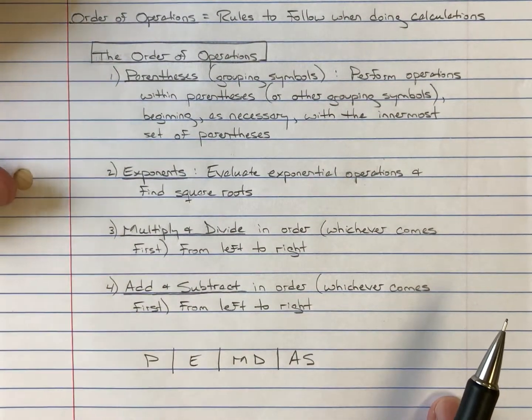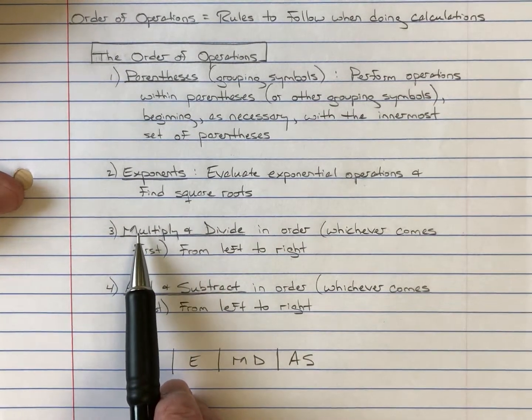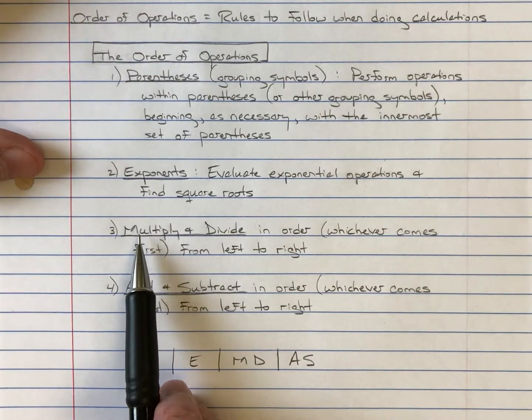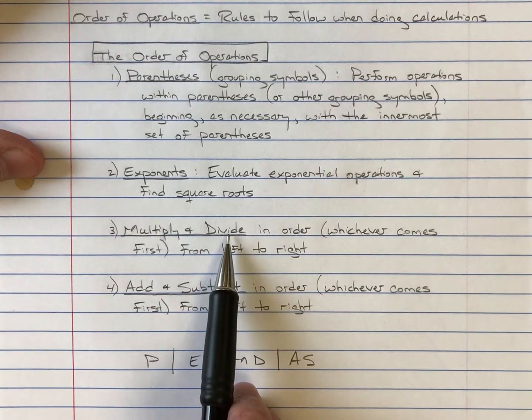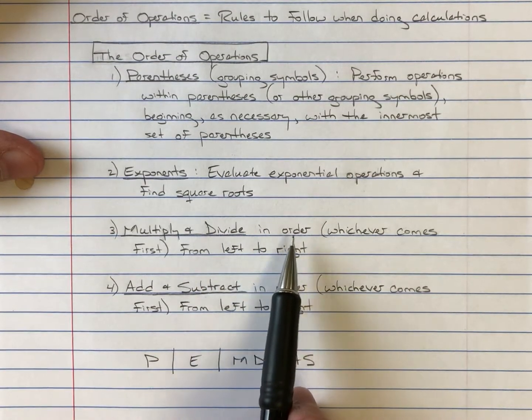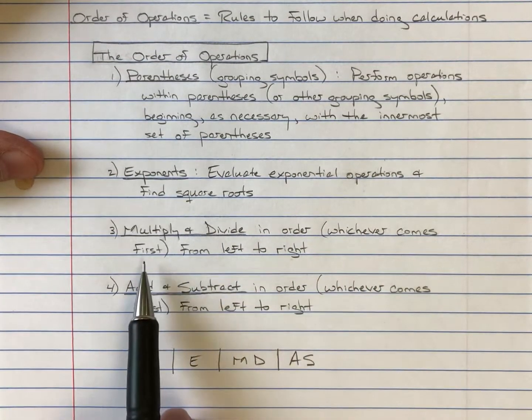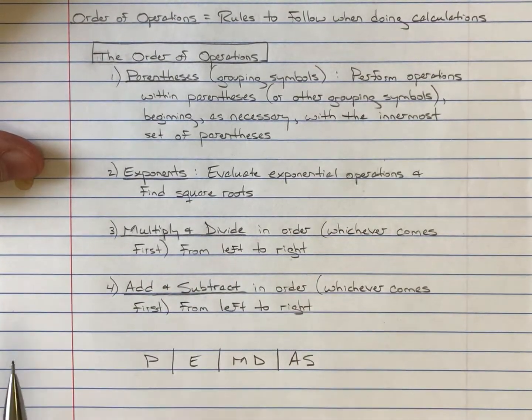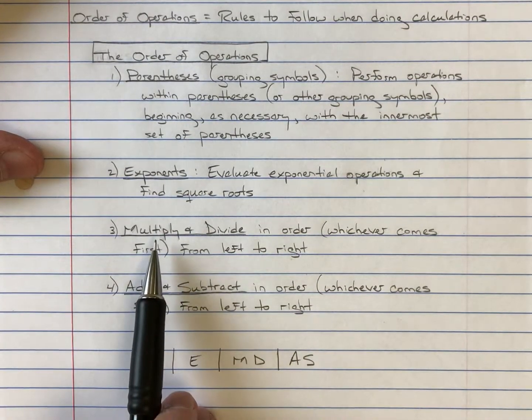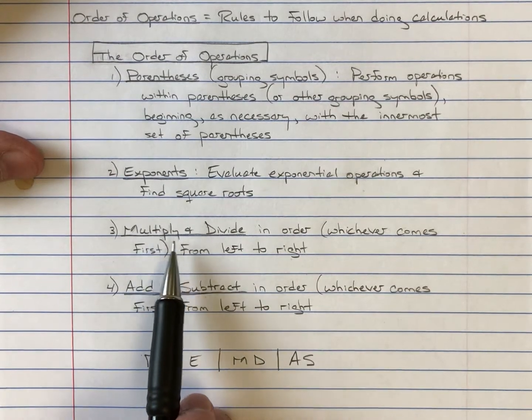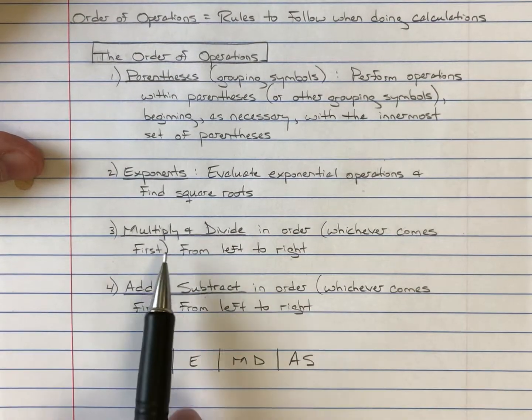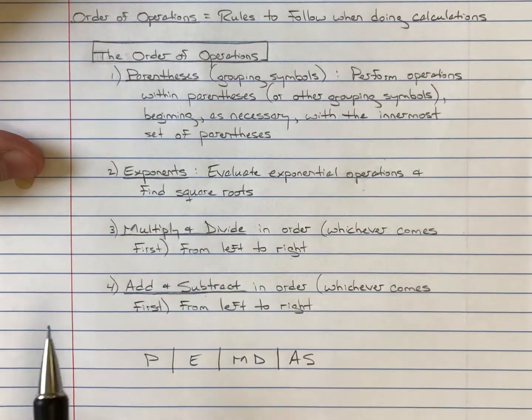Okay. After those two things are done, the third thing we look for is multiplication and division. And we do those in order, whichever comes first from left to right. Okay, so if we look across and we see multiplication first, we do that. If we see division first, we do that.